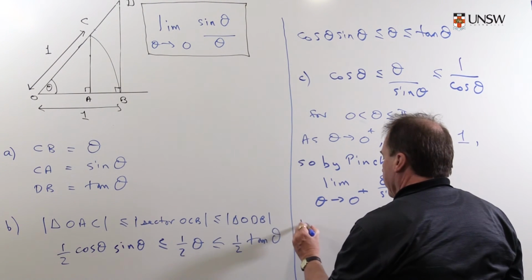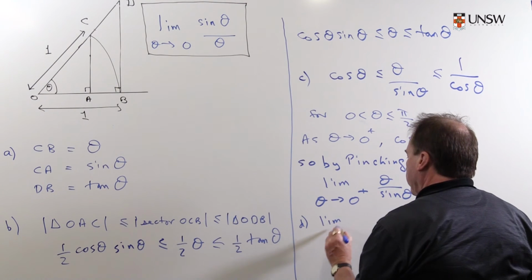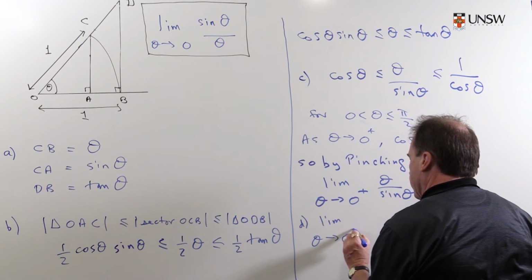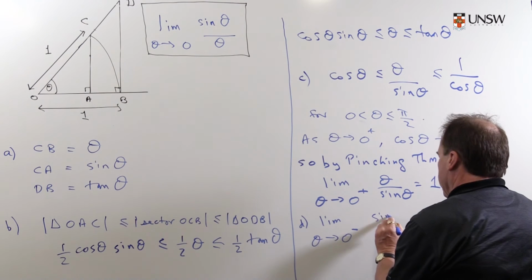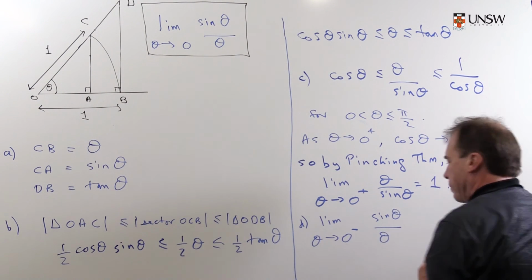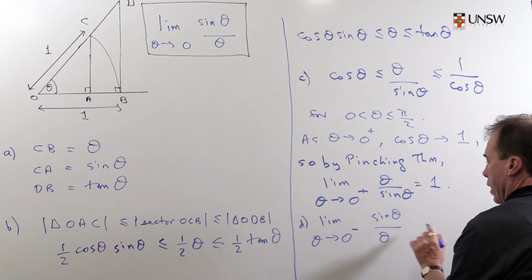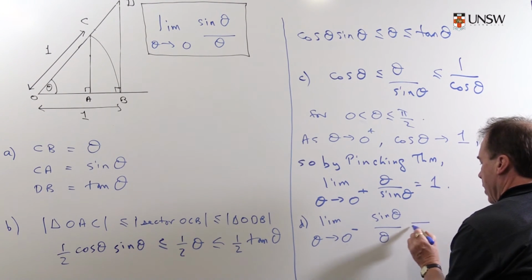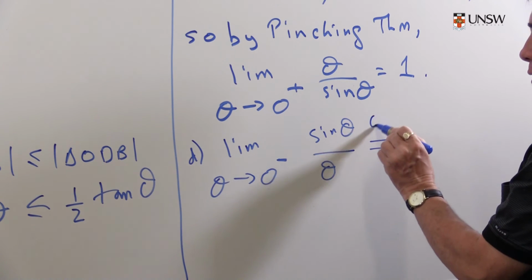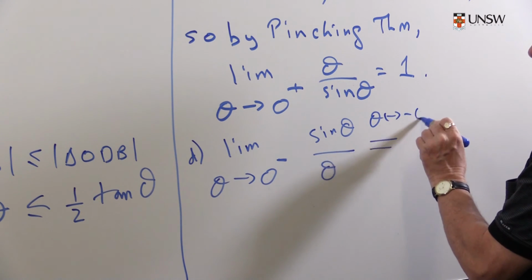For the last part, we want to look at the limit as theta goes to 0 from below of sine theta on theta. And the trick we're going to do here, all I'm going to do with this is replace theta with minus theta.